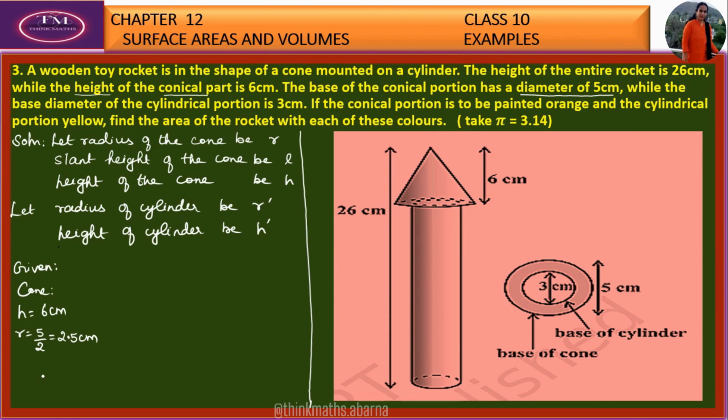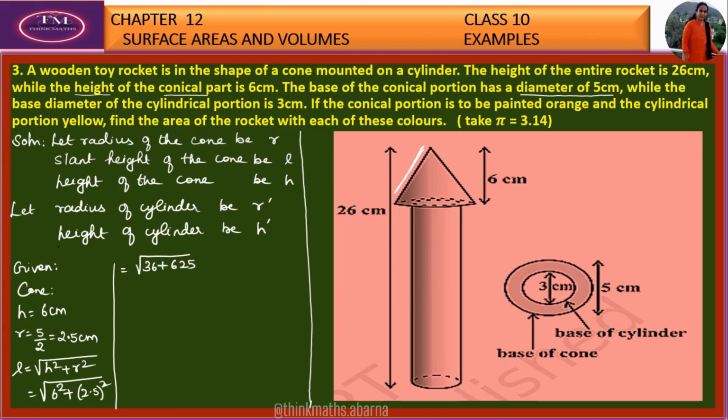Now we have to find out the slant height. Slant height L is nothing but square root of H square plus R square. Okay, children. So square root of, what is H? H is 6. So 6 square plus R, which is 2.5, whole square. 6 square is 36, plus 2.5 whole square. 25 square is 625.